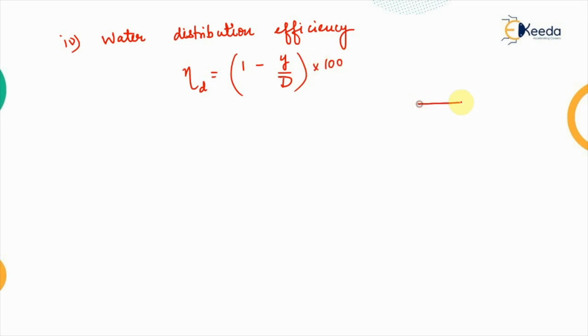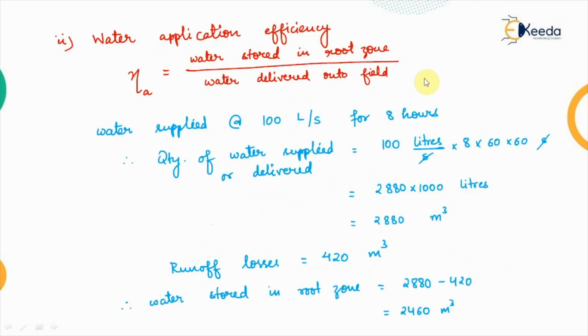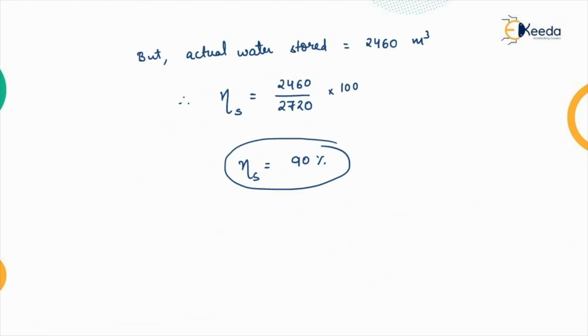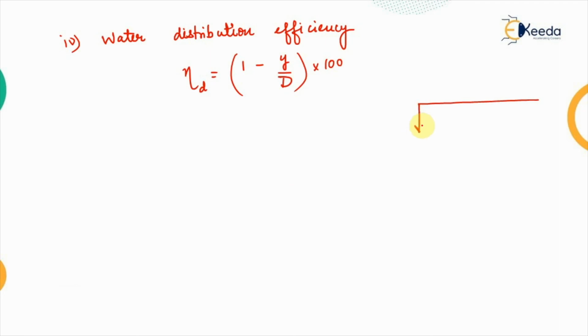Now looking back at the problem again, it was given that the depth of the water penetration varied linearly from 1.7 meter at the head end to 1.1 meter at the tail end. That means at one end this depth of penetration is 1.7 meter, at the other end this value is 1.1 meter.